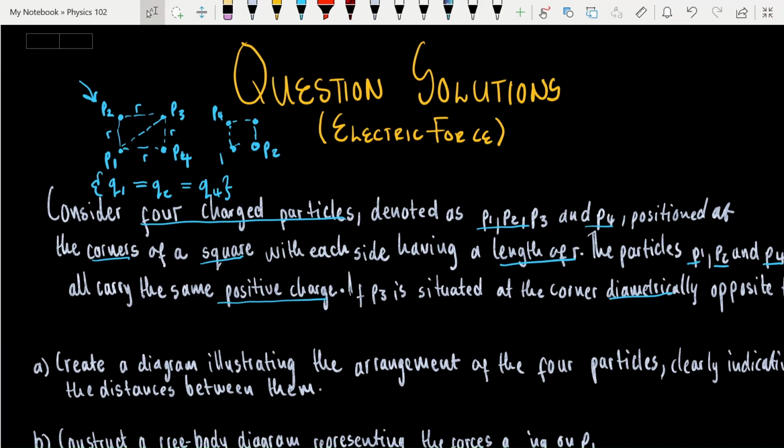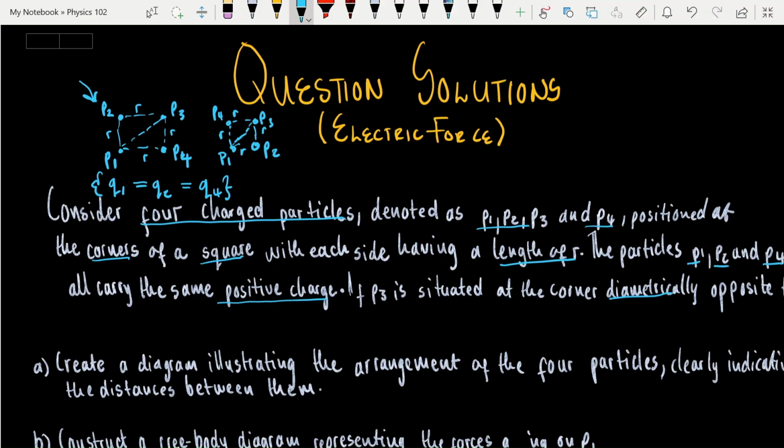It doesn't matter, but I should make sure that P1 and P3 are diametrically opposite, or diagonally separated. And I know that my square is r, r, r. So we could use both diagrams, and at the end we would get the same solution.